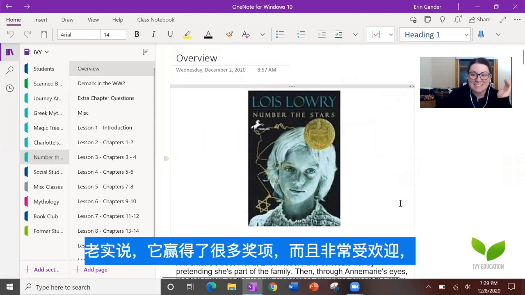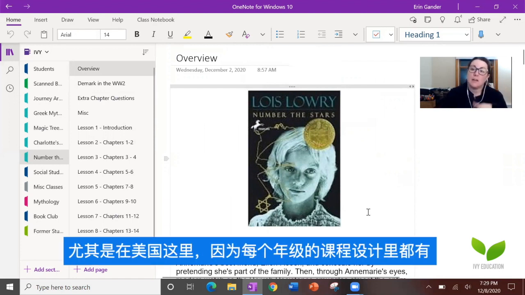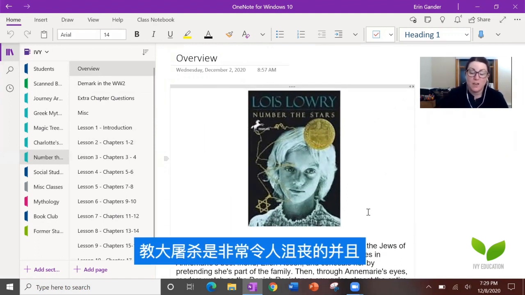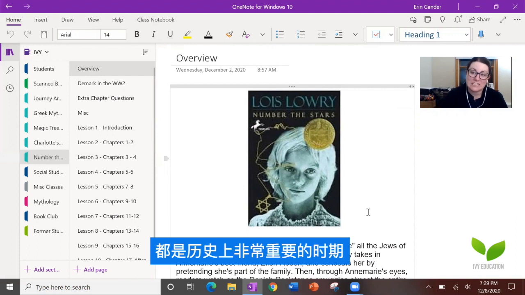It honestly is. It's won a ton of awards, and it is very, very popular, especially here in America, since part of every grade's curriculum here, what every grade has to do is we have to teach the Holocaust, which is a very, very both depressing and both really significant time period in history.